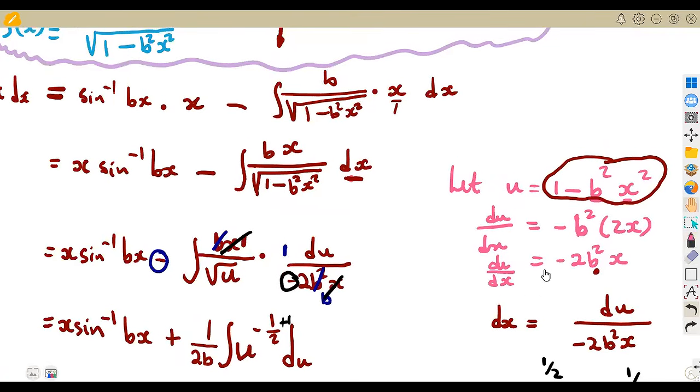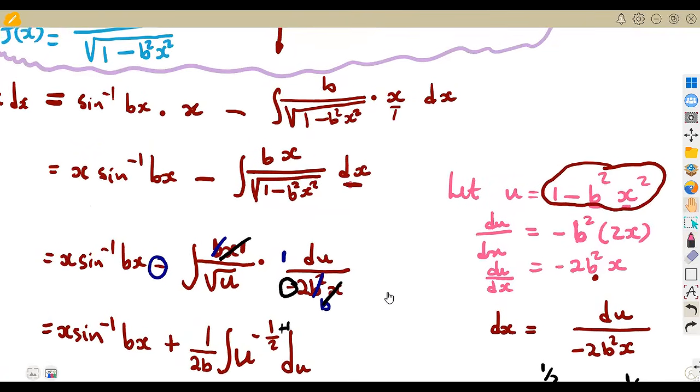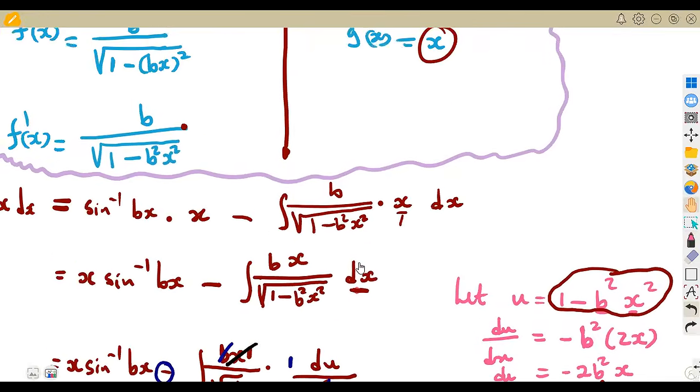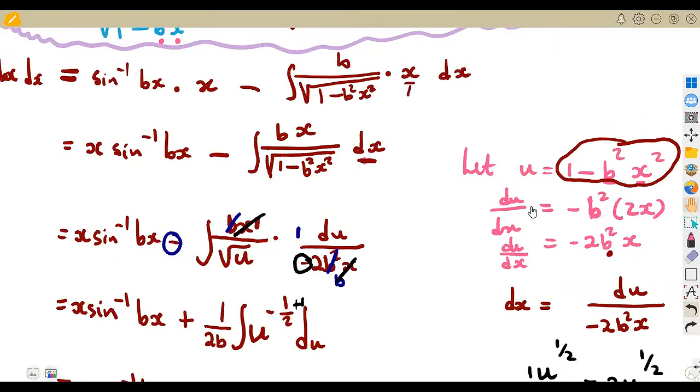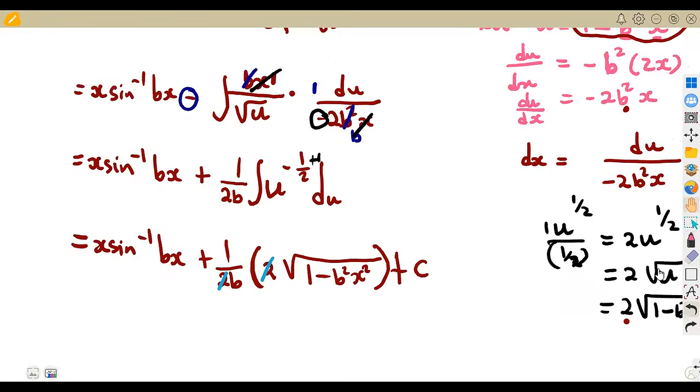Where did I take this one from? Okay, I think I erased it. Oh, it was here on top maybe, yeah. Okay, here. This b squared x squared that we see, it was taken from what? From bx squared. So you can write it like that, bx squared in a bracket, or you can even write it separately like this, it's fine.